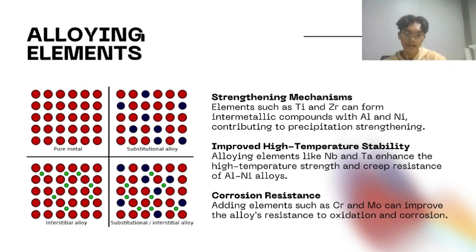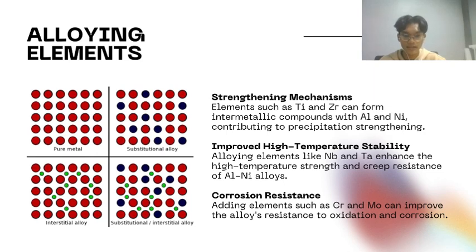Second is improved high temperature stability. Alloying elements such as niobium and tantalum enhance the high temperature strength and creep resistance of aluminum nickel alloys. The formation of stable phases at elevated temperature helps maintain structural integrity. Third is corrosion resistance.